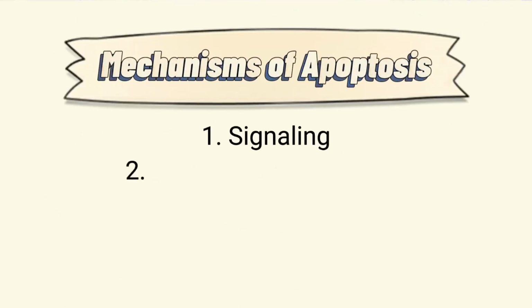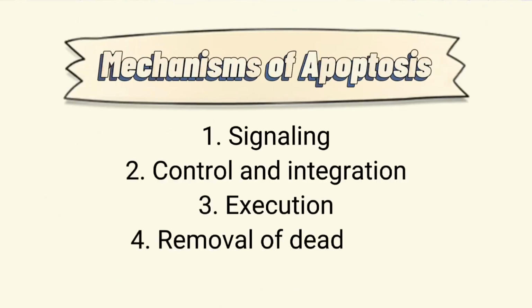The following are the four mechanisms of apoptosis. First is the signaling, next is the control and integration, next is the execution or death, and finally is the removal of dead cells. For the signaling, apoptosis may be triggered or initiated by a variety of stimuli.